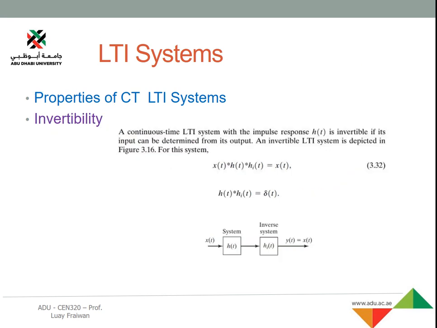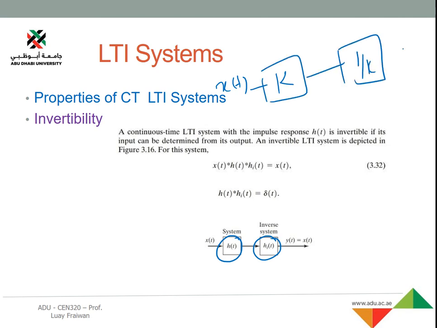Invertibility, as we have discussed earlier: if we have a system h of t, and I have its inverse h1 of t. For example, we studied the amplifier system with gain k, and its inverse is 1 over k.